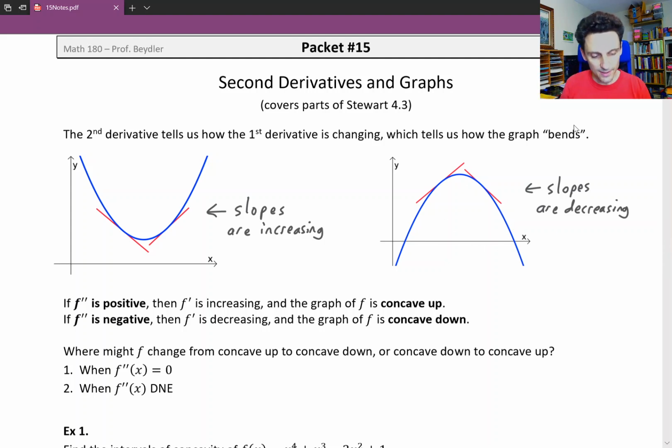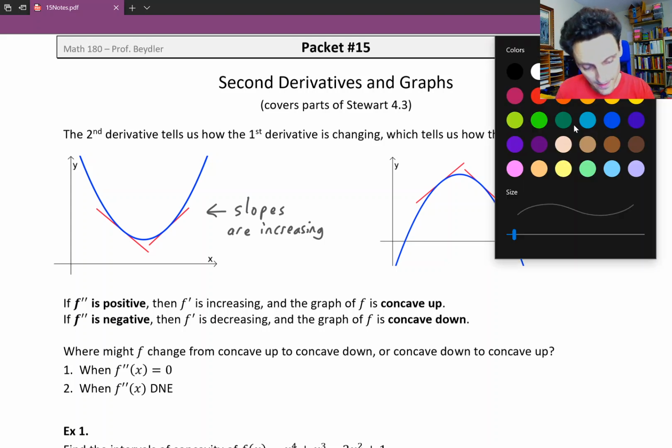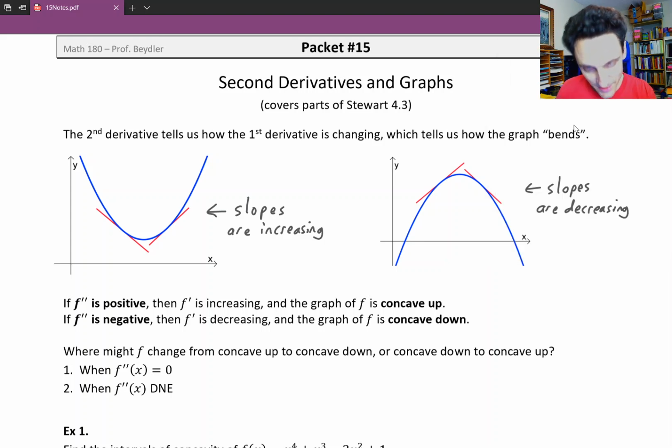One little mnemonic to help remember the relationship between the second derivative sign and the concave up or concave down shape of the graph is this. You can imagine a little happy face with plus eyes. When you're smiling, you kind of stay positive.